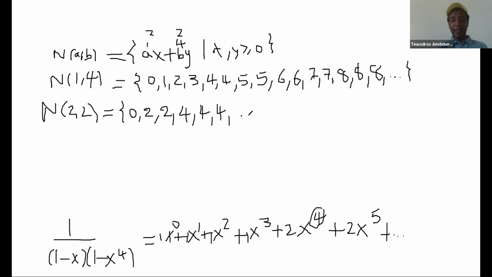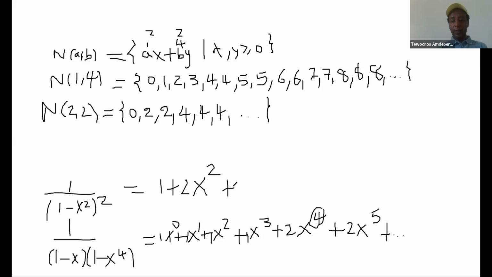And then the generating function is what you'd suspect, but you have to read it slightly differently than our usual reading of generating functions. 1 plus 2 times x squared, 3 times x to the 4, and so on. Okay, that's how we read it.